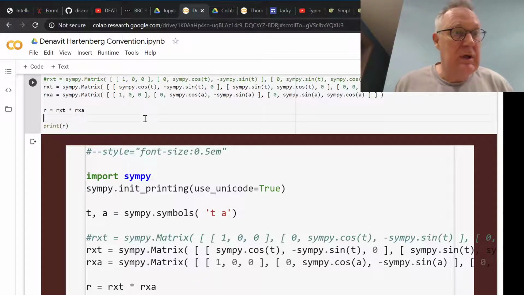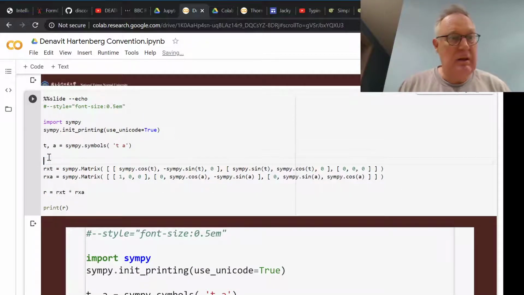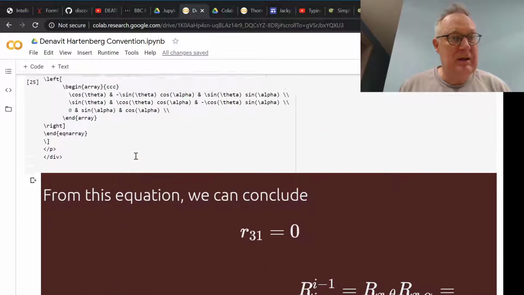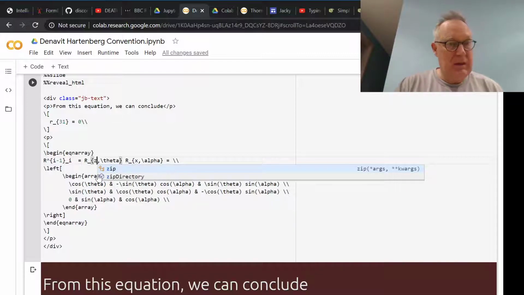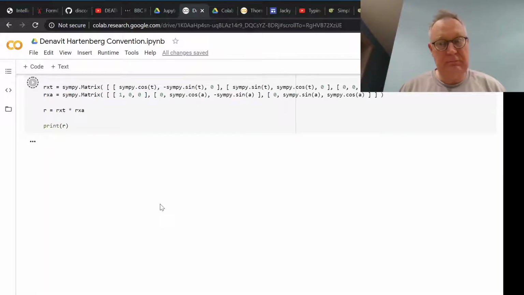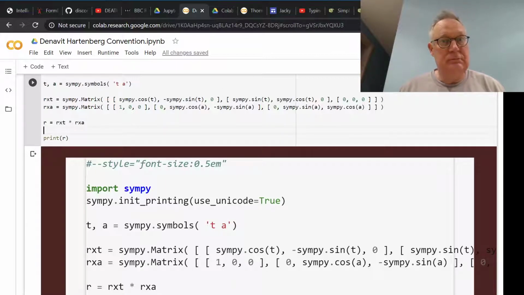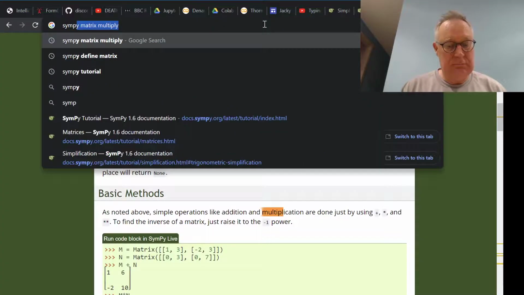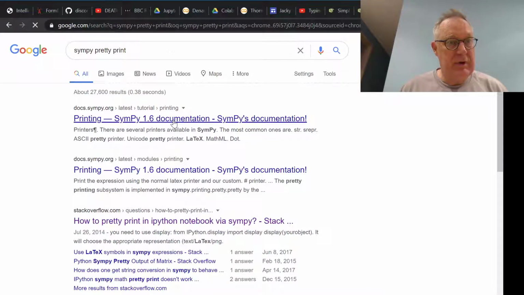Yes, so here we can now get our matrix, and this should be not X, this should be Z here. See if there's a pretty print.